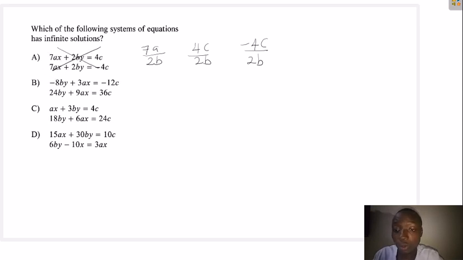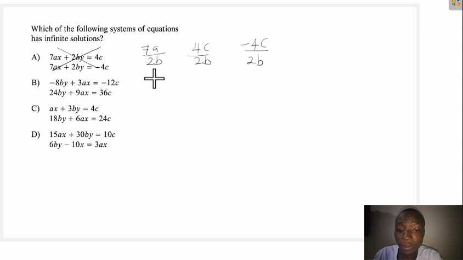So we'll check option B. So here, take note, be very careful because this is a trap here. They have rearranged the order of the question. So x has to come first, the coefficient of x has to come first, followed by the coefficient of y. So be sure to adhere to that pattern.